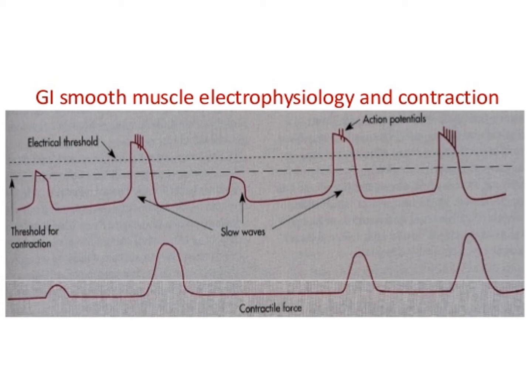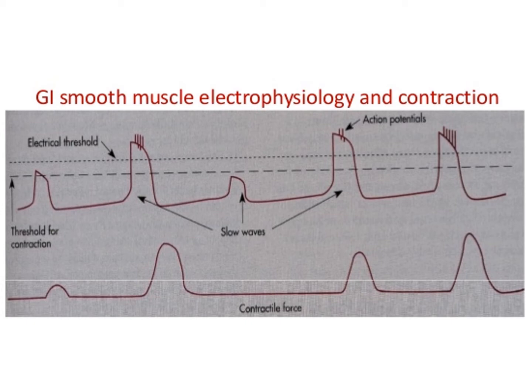If there was only a slow wave by itself, like the one in the top picture, you can see in the bottom picture that there is no contraction at all. If there is only an action potential, like in the very first recording on the far left-hand side, again, there's no contraction.